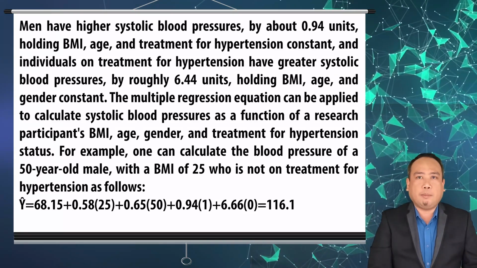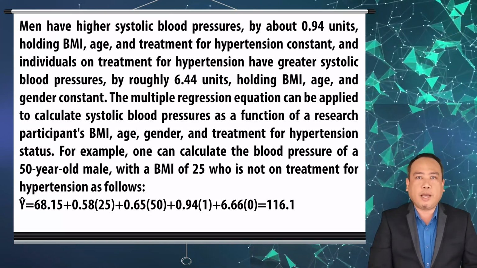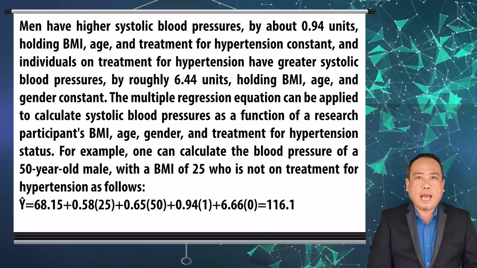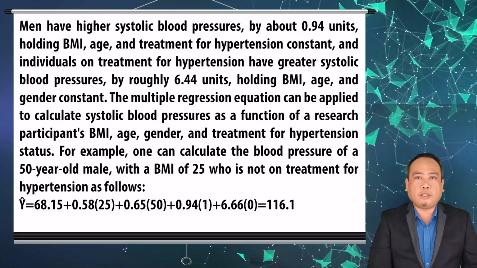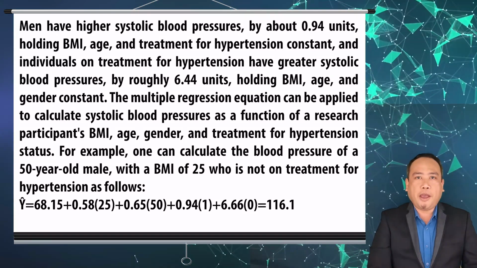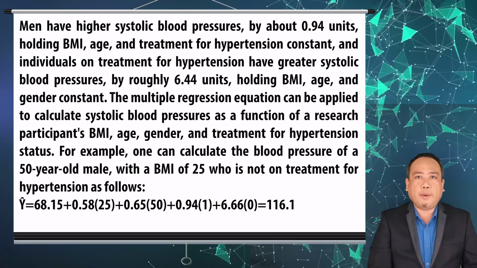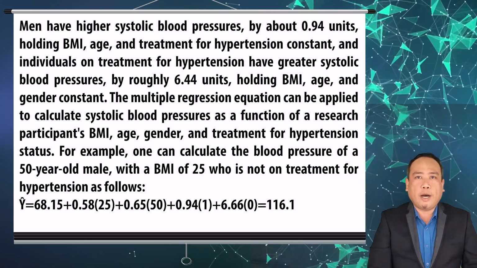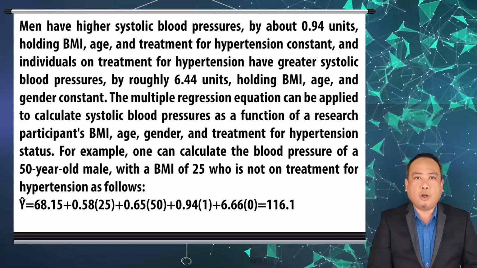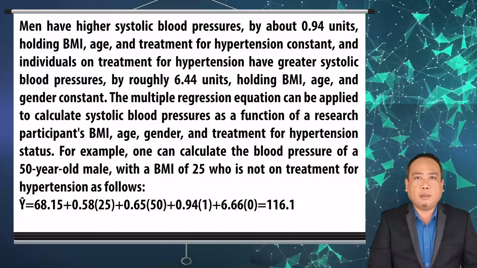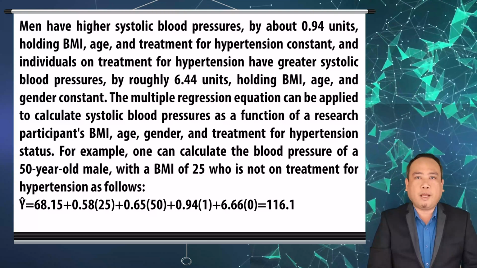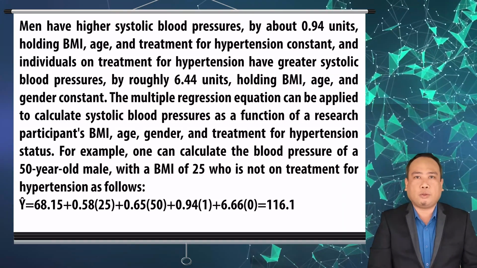The multiple regression equation can be applied to calculate systolic blood pressure as a function of a research participant's BMI, age, gender, and treatment for hypertension status. For example, one can calculate the blood pressure of a 50-year-old male with a BMI of 25 who is not on treatment for hypertension as follows.